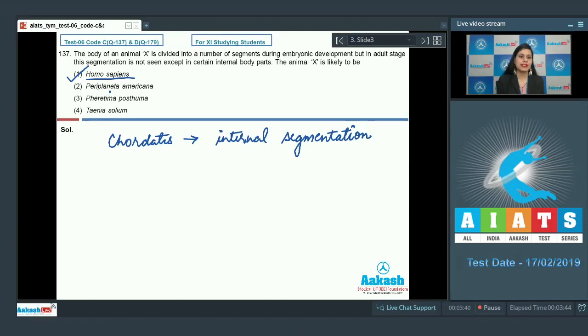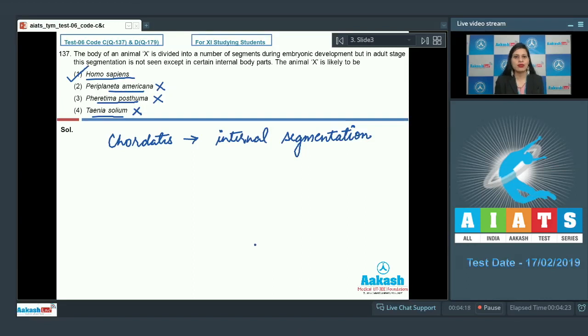The next option is Periplaneta americana, and this is an incorrect option. This is commonly known as cockroach. It belongs to the phylum Arthropoda and exhibits internal fertilization. The next option is Pheretima posthuma, and this is an incorrect option. Pheretima posthuma is commonly known as earthworm, and it belongs to the phylum Annelida and exhibits both internal and external segmentation. The last option is Taenia solium, and this is an incorrect option.